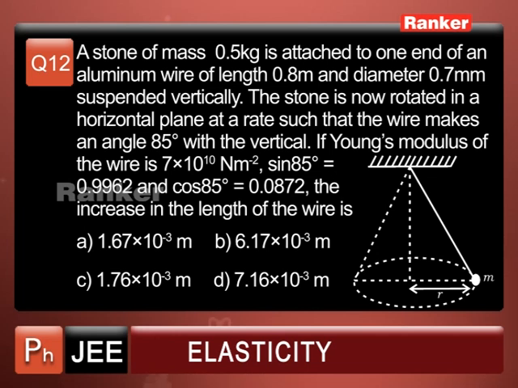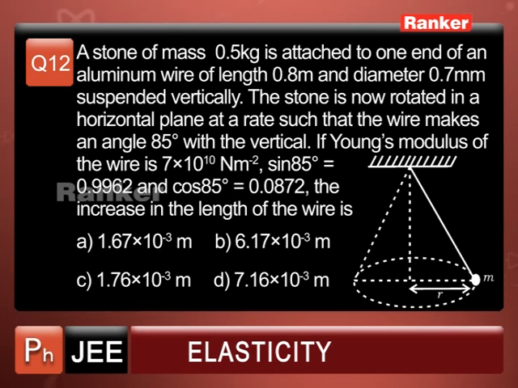The stone is now rotated in a horizontal plane at a rate such that the wire makes an angle 85 degrees with the vertical. If Young's modulus of the wire is 7 into 10 power 10 Newton per meter square, sine of 85 degrees is 0.9962 and cos of 85 degrees is 0.0872.